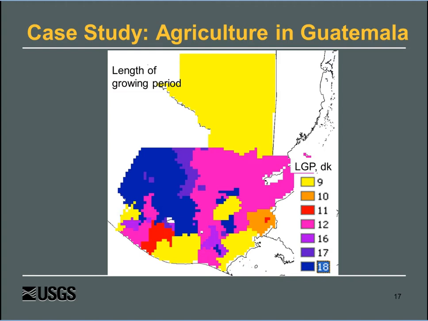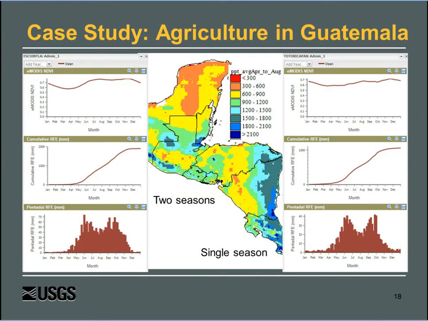So the length of growing period in the south is 9 decades, while the length of the growing period in the highlands is 18 decades. So this provides a great deal of information for us. Let's go back, and we see that the region in the south takes 2 seasons.